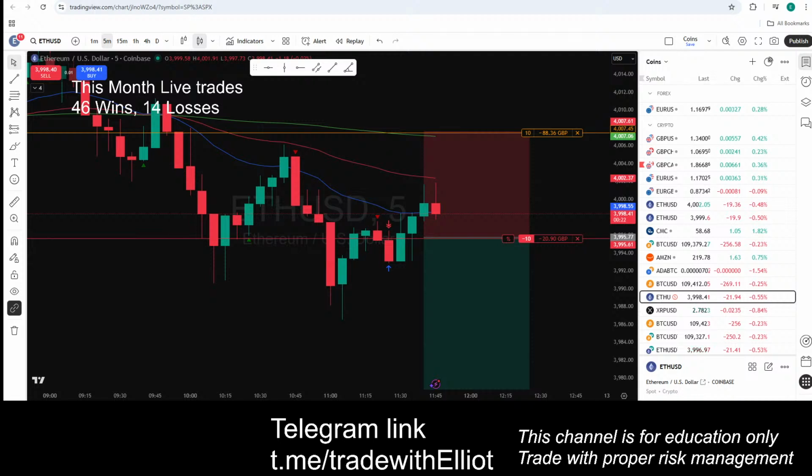So what can we get away with here? We can get away with a 6 pip stop loss, and we're simply going to target the most recent structural swing high.